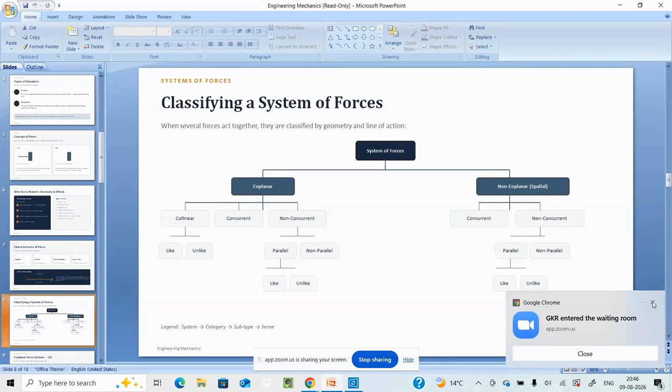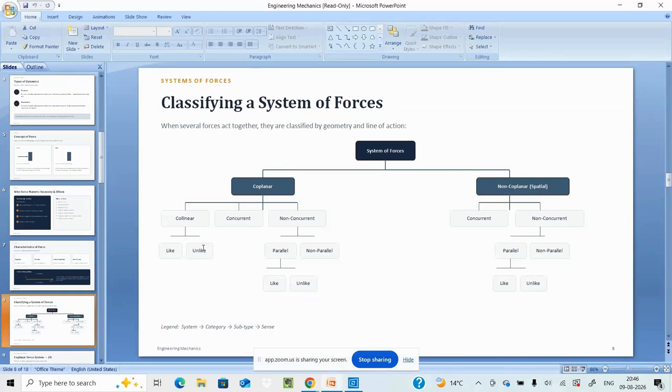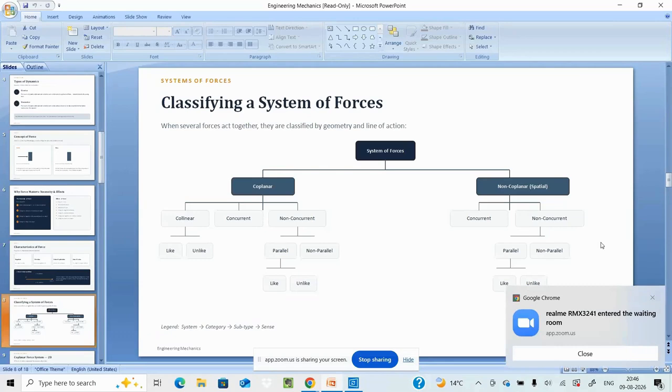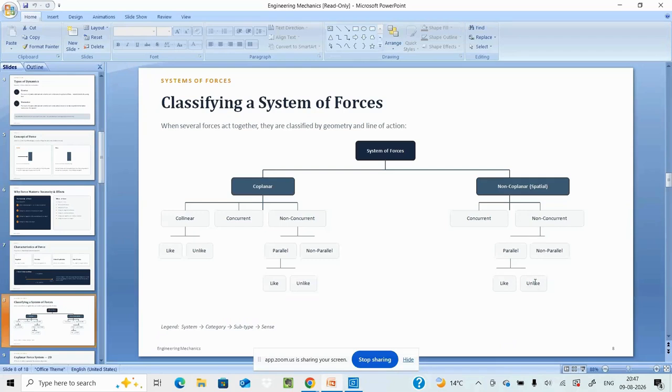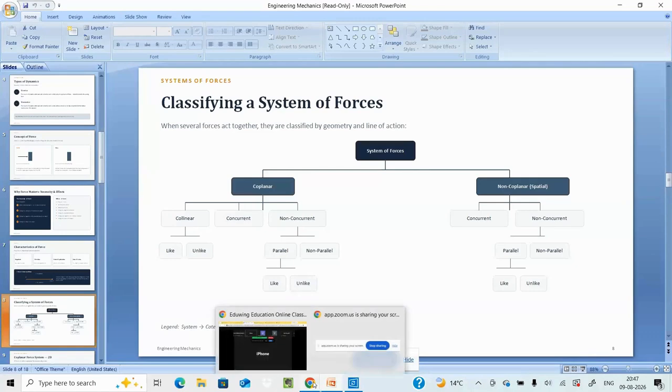I'll be showing the diagrams for clear understanding. Non-coplanar is again divided into concurrent and non-concurrent. This non-concurrent is again divided into parallel and non-parallel, where it is like and unlike forces. I'll show the drawings for clear explanations.